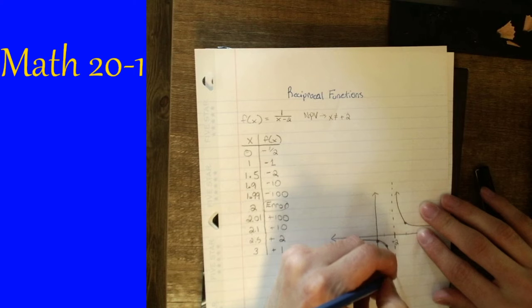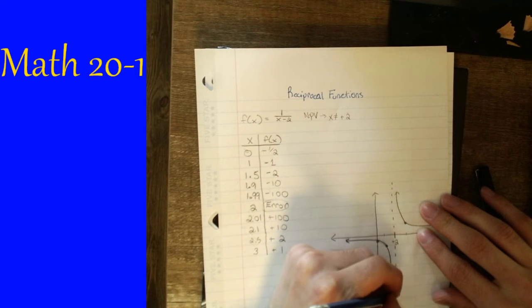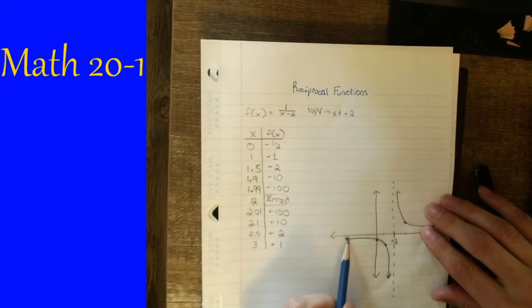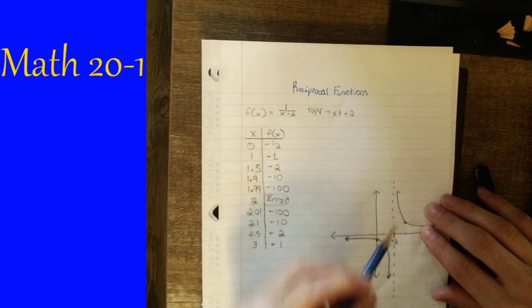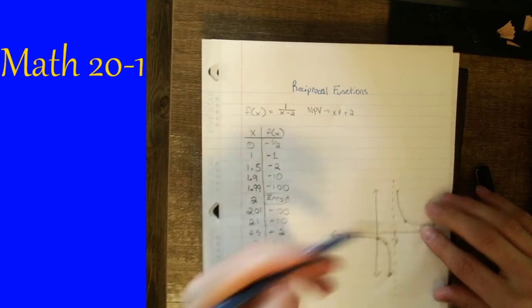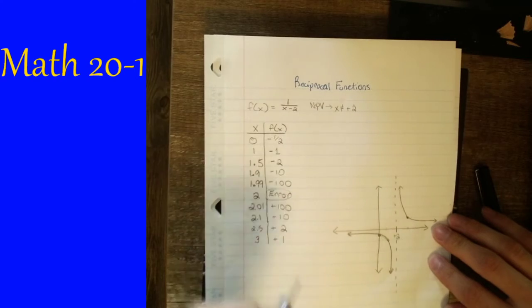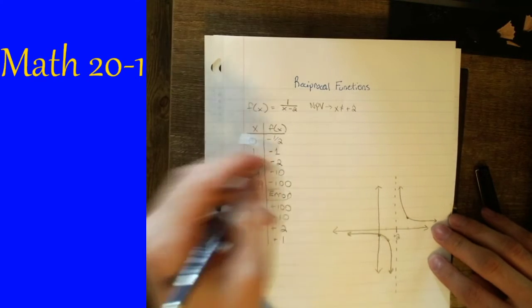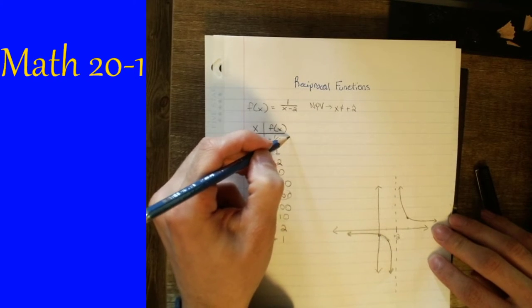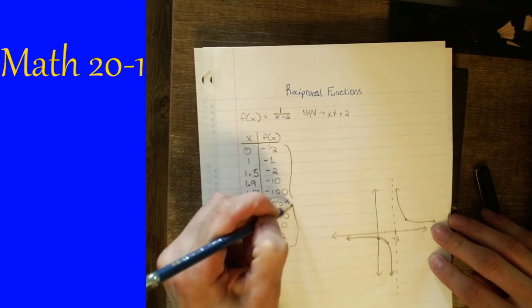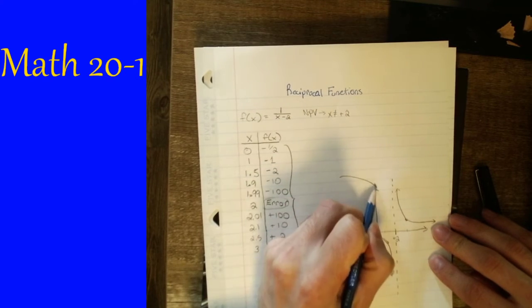This represents that we are approaching that line, but we're never actually going to occupy it, if that makes sense. This whole idea has a fancy name, this algebraic behavior, and then this graphical behavior here.